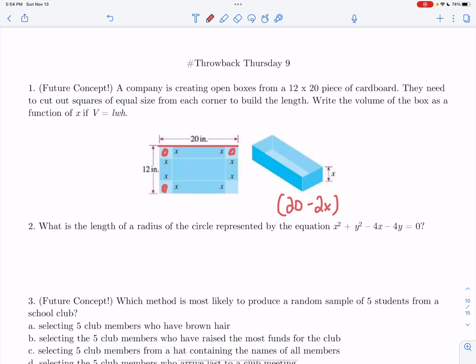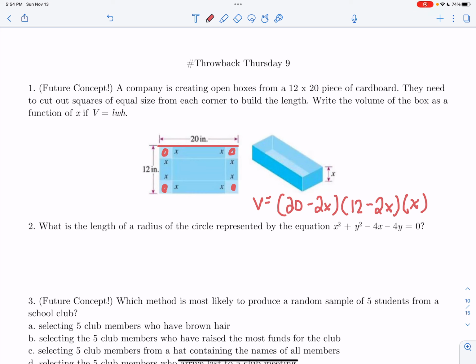Likewise, I have to cut this out and cut this out, so I'm cutting 2 x's to both my length and my width. So that's my length and width. And my height is obviously going to be x as my height. So this here is my volume of the box.